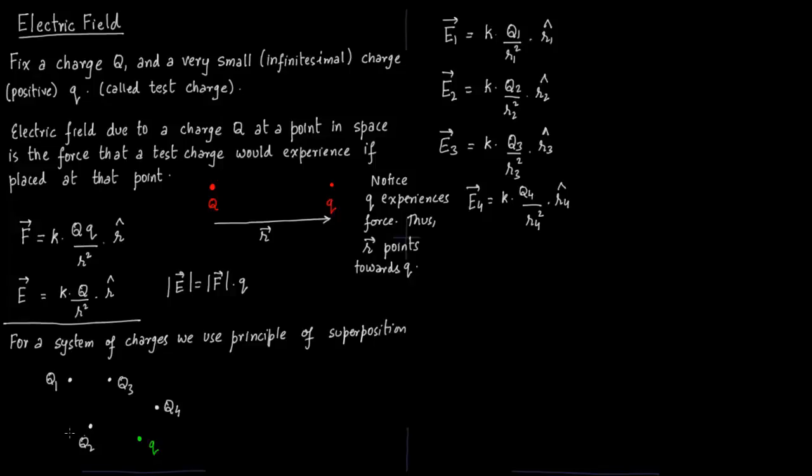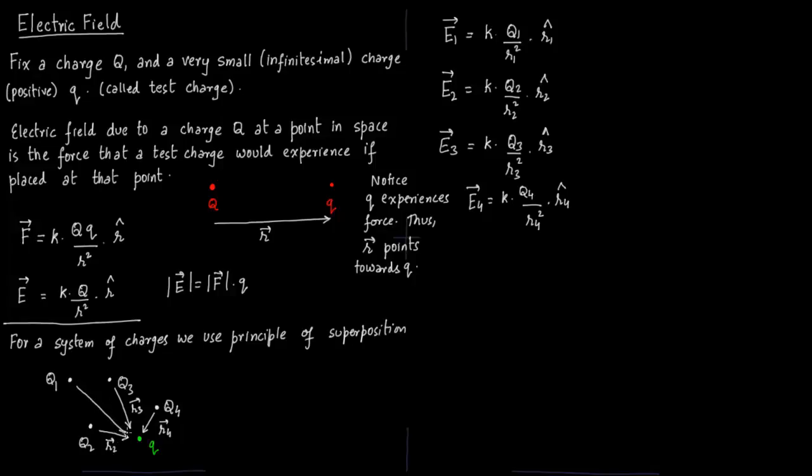So this is our test charge. So this is R4 vector. From Q3 the position of the test charge is R3 vector. Then here you have R2 vector, and from Q1 you have R1 vector.